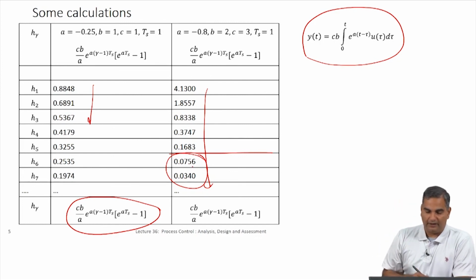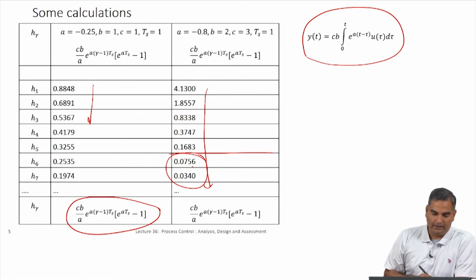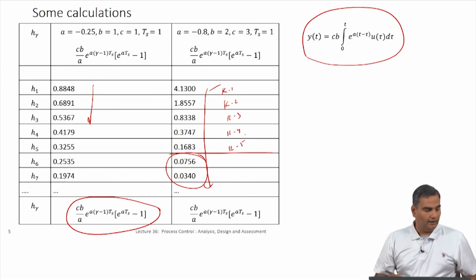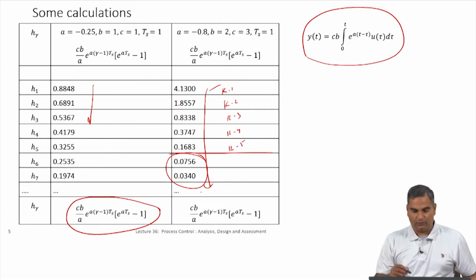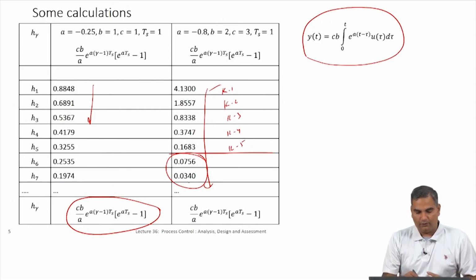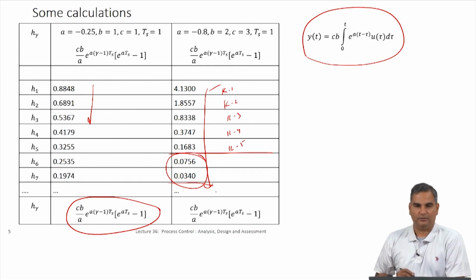If you do that, then what you are saying is the current output is being affected by the previous inputs, k minus 1, k minus 2, k minus 3, k minus 4 and k minus 5. So, I am going to only retain 1, 2, 3, 4, 5 terms here. Now, if you say no, I want to be more accurate, I want to come till here, you will retain 7 terms and so on.